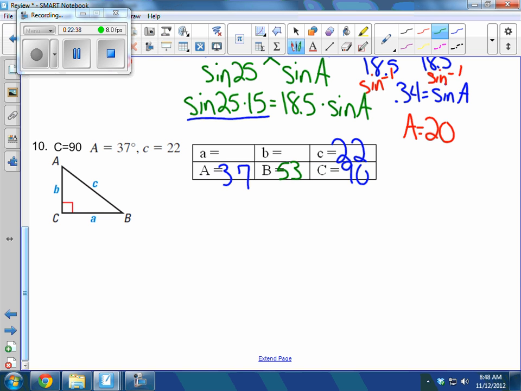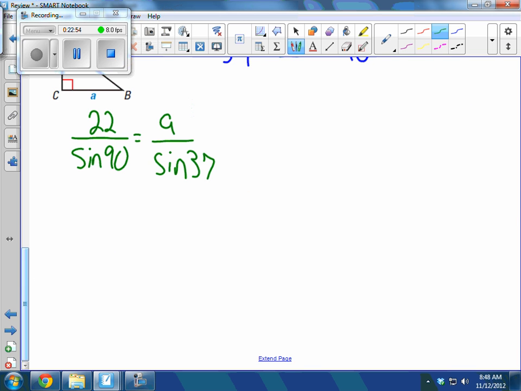And I'm going to use my law of sines to find little a and little b. So, with a, I'm going to go ahead and type this into my calculator.